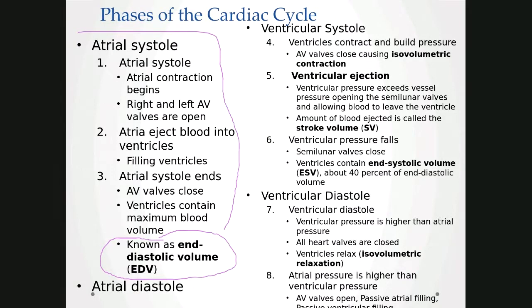The fluid trapped in the ventricle at the end of ejecting out, when the semilunar valve closes, is known as the end systolic volume of the ventricle. It's abbreviated the ESV. That volume, as the ventricles continue to relax and fewer and fewer cells are contracting, they're beginning to repolarize and go back to, again, their stage 4, their resting membrane potential.